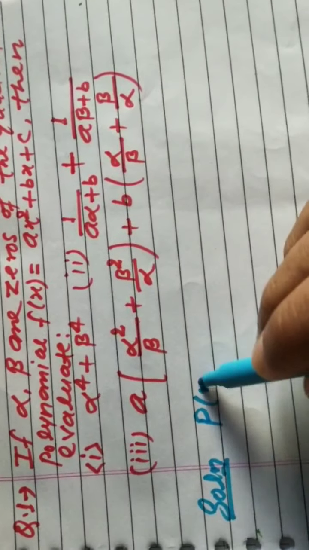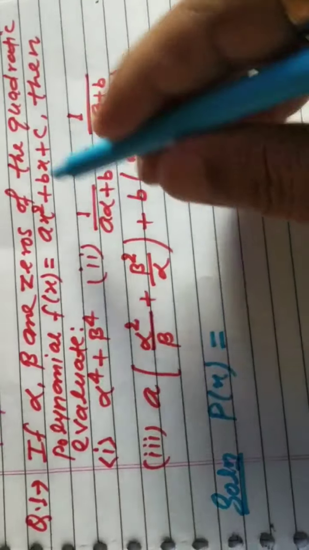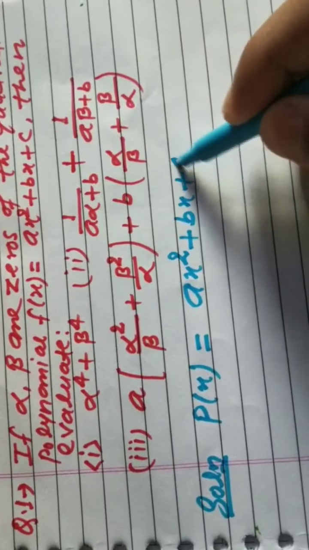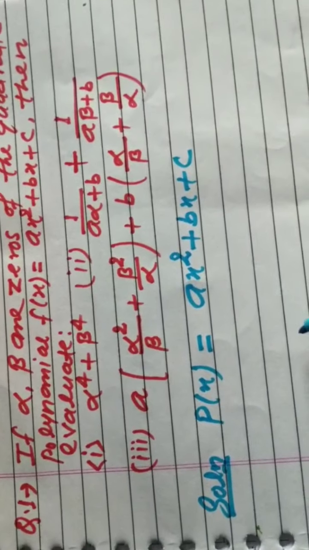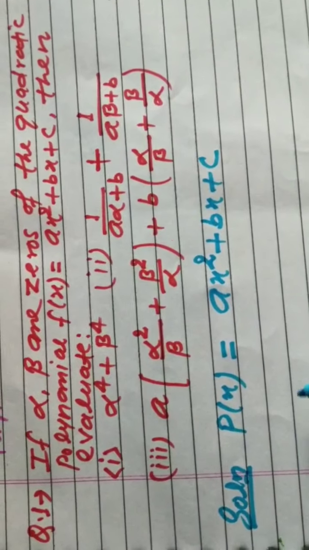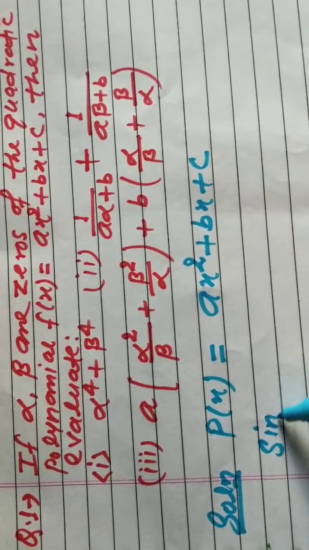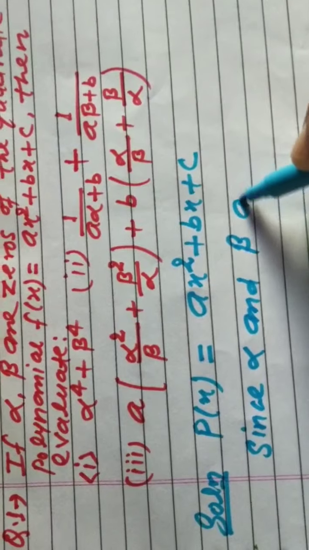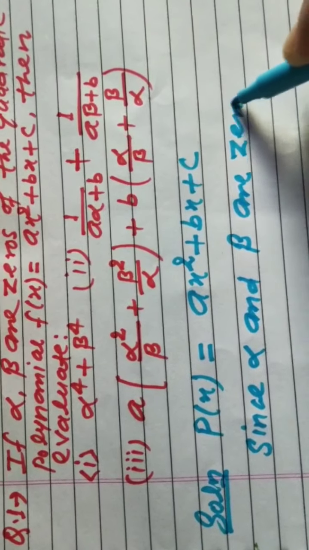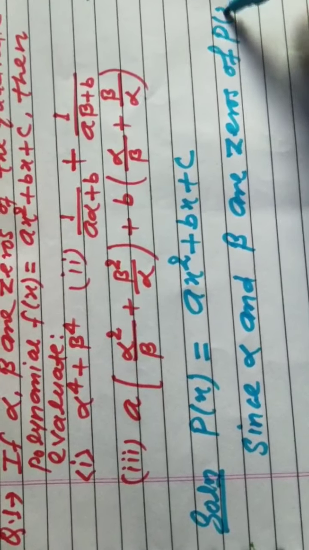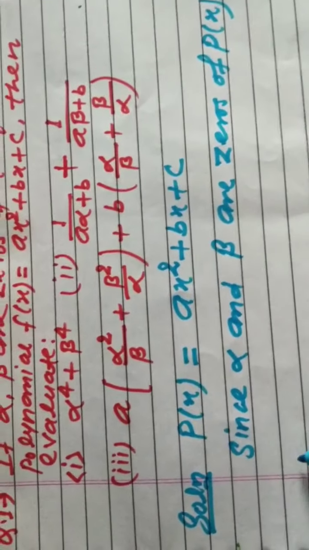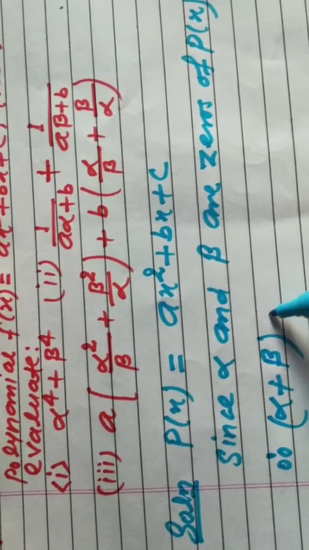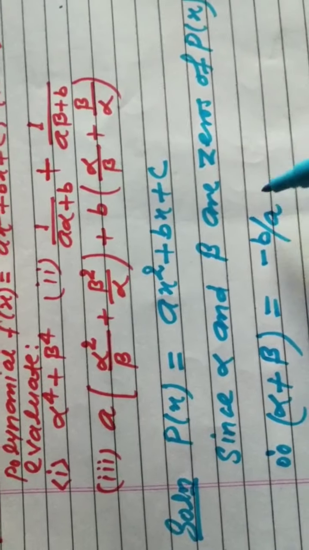first write the given polynomial. Polynomial in x is given, ax square plus bx plus c. This is the standard form of quadratic polynomial. Now, since alpha and beta are zeros of polynomial in x, therefore alpha plus beta will be equal to minus b upon a.